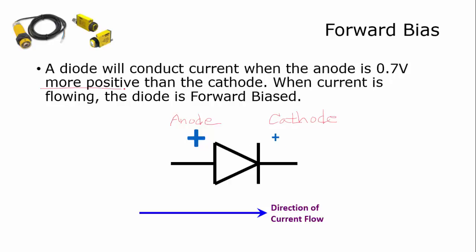Notice how I word that, more positive than the cathode. When that happens, current will flow through the diode, and the diode is considered forward biased. Notice how I show a big plus sign here and a little plus sign there. This side is more positive than this side by 0.7 volts. It can be more than that, but 0.7 is when the diode starts to conduct, and when the diode's conducting, you've got 0.7 volts.